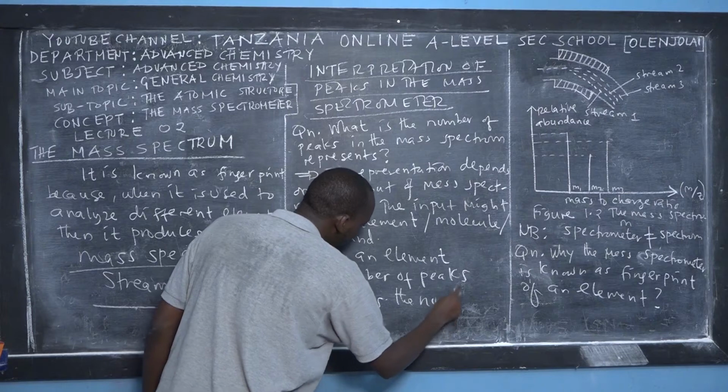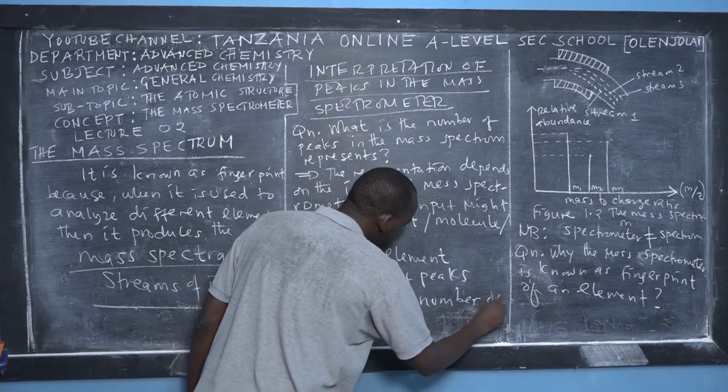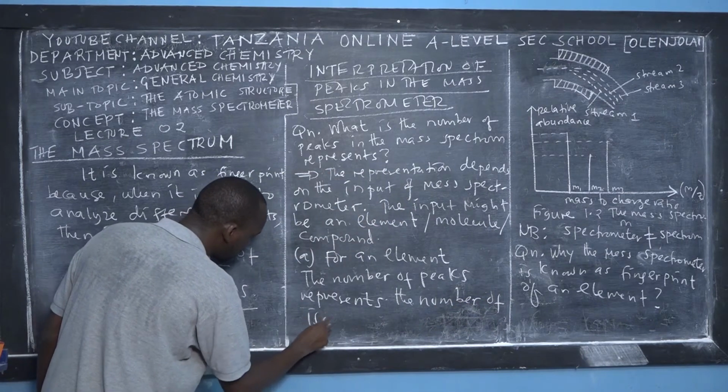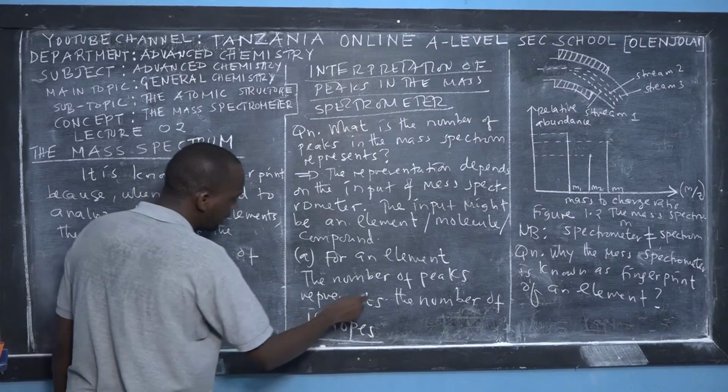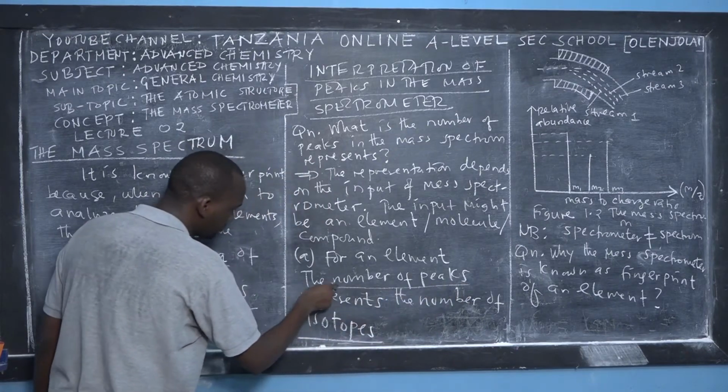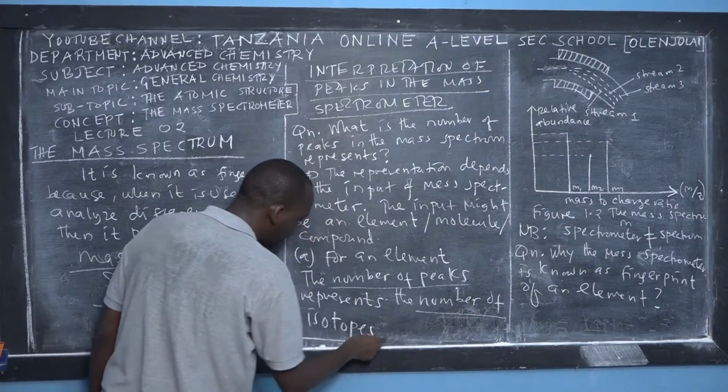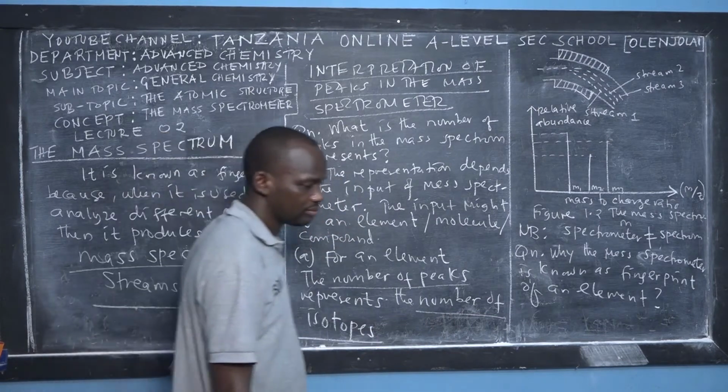This is a very important concept. So we say that the number of peaks represents the number of isotopes.